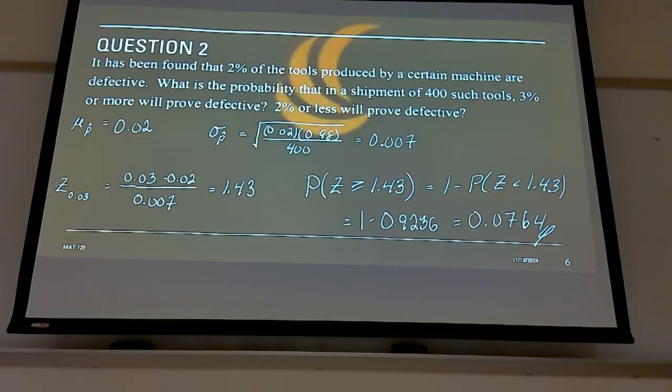For 400, what is 2% of 400? Well, 1% of 400 is 4. Actually, this one cannot be used.